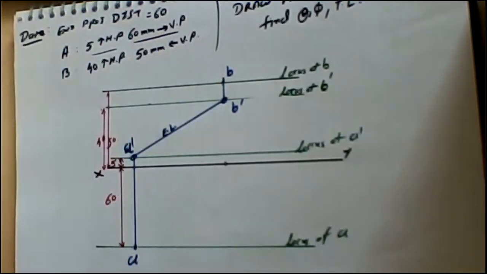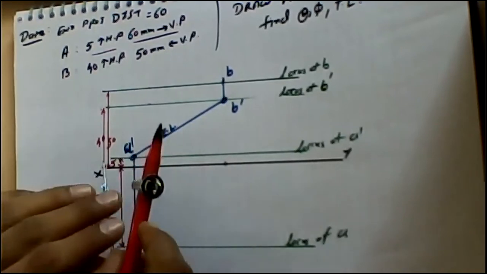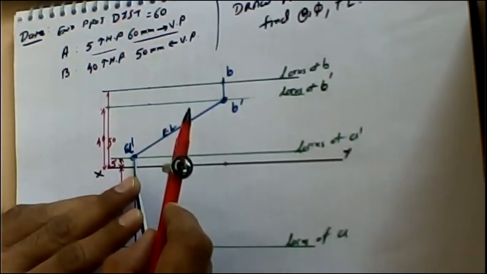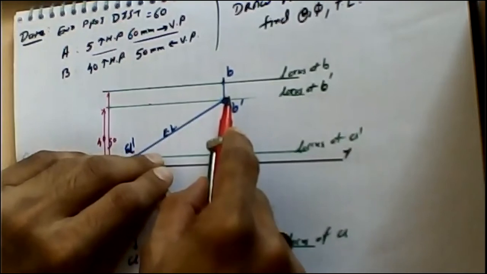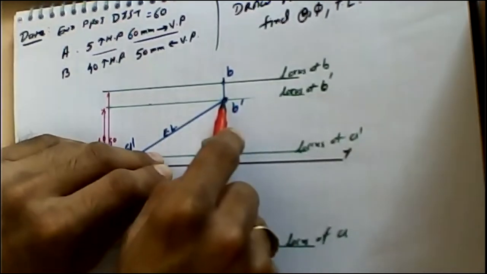Now from elevation length, how we need to transfer the projections? For that, what we do? We generally drop an arc first from the endpoint of the elevation length, and right now the position from where I am transferring the arc is B in elevation.